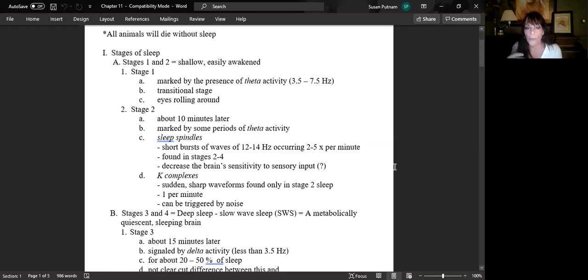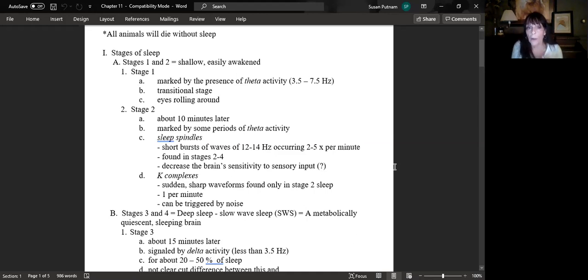If you use some kind of auditory stimulus, you can trigger a K complex. Okay, so these lighter sleep stages start transitioning into deep sleep or slow wave sleep.